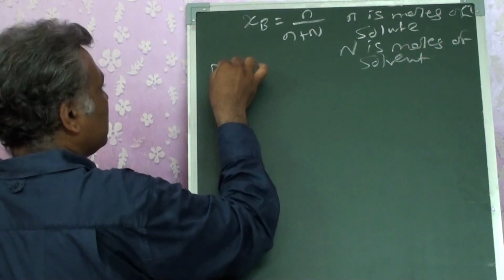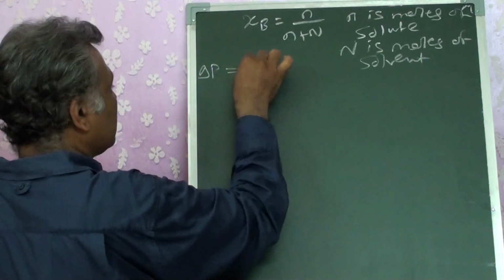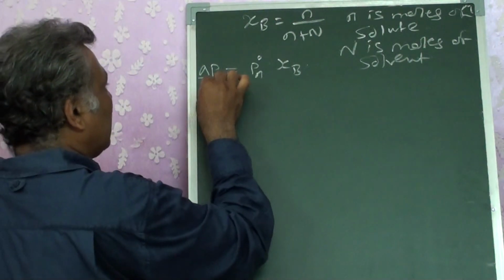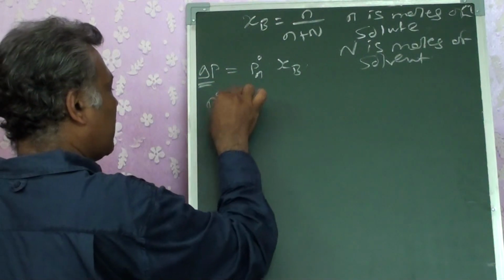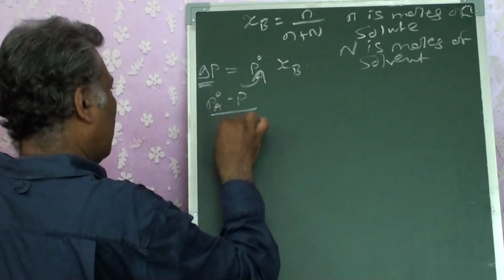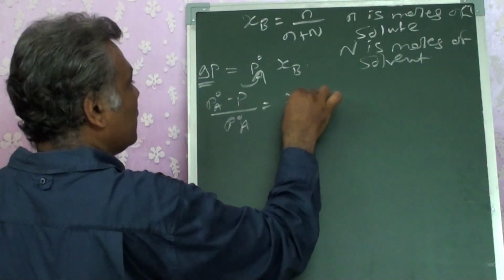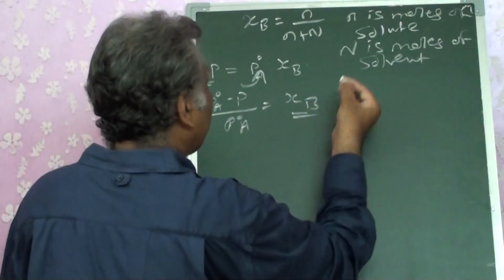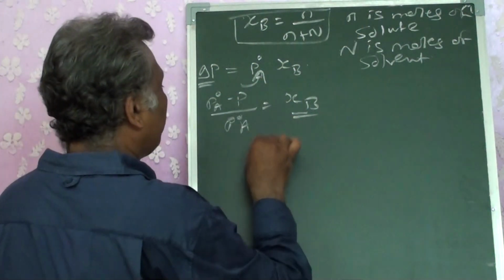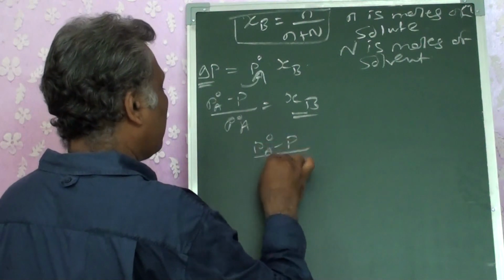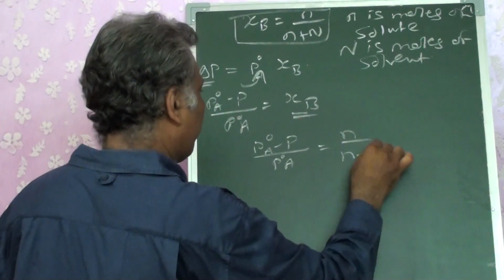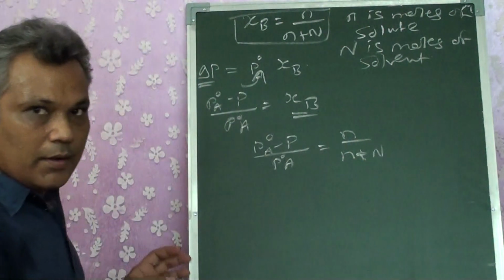We got delta P is equal to P naught A into XB. Delta P we wrote as P naught A minus P. Let's take this term to the other side. We get (P naught A minus P) upon P naught A is equal to XB, and XB is n upon n plus N. So we substitute the value, and we get n upon n plus N.